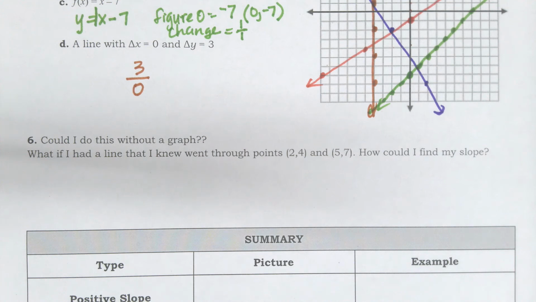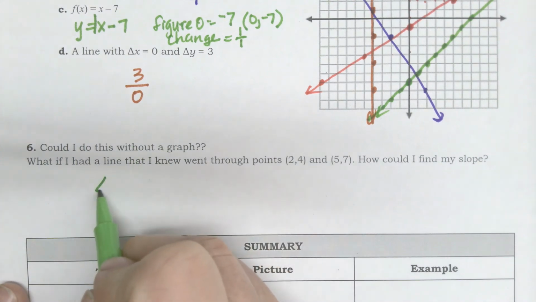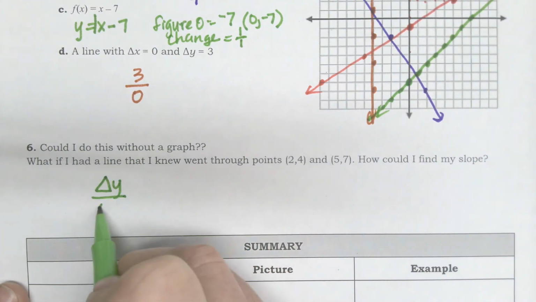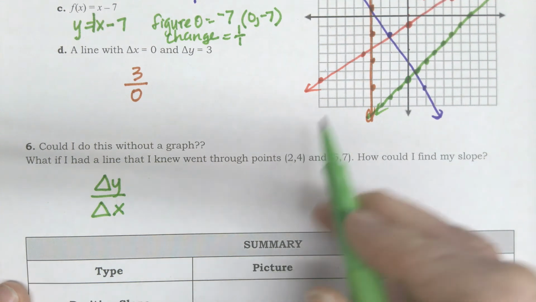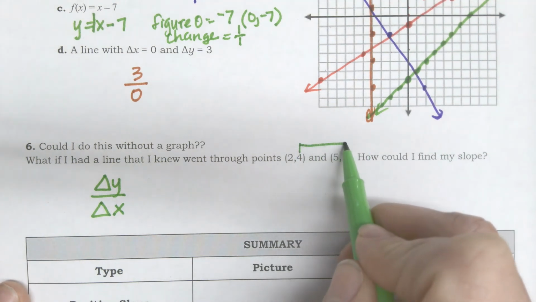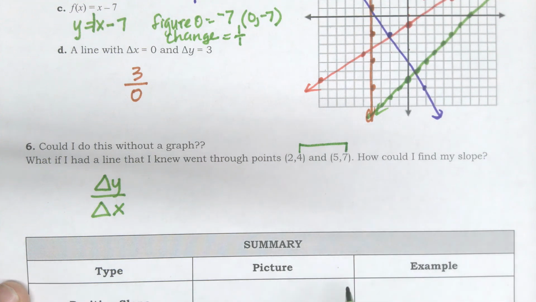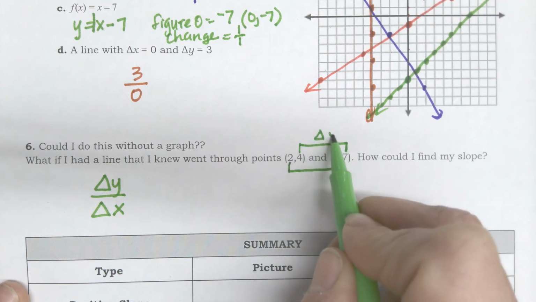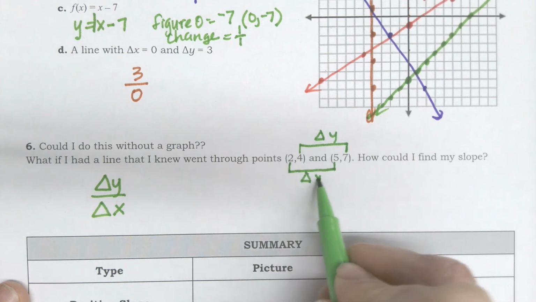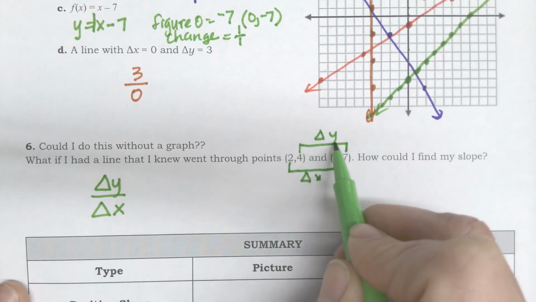Well, remember I was talking earlier about our slope is our change in y over our change in x. So I could look at how did the y's change and how did the x's change, my change in y over my change in x. And I'm going to go from left to right to do that.